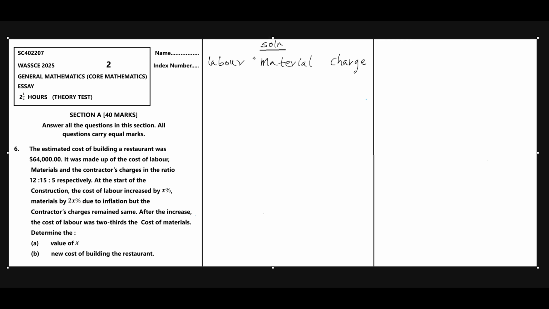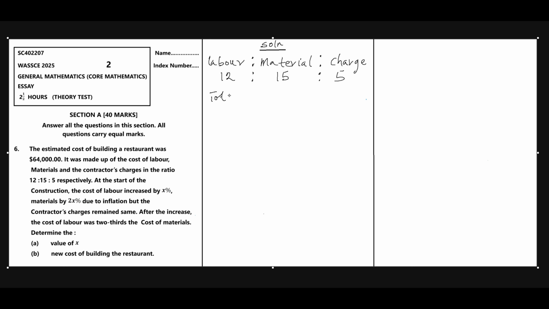This cost was given in a particular ratio. So the ratio was 12:15:5.